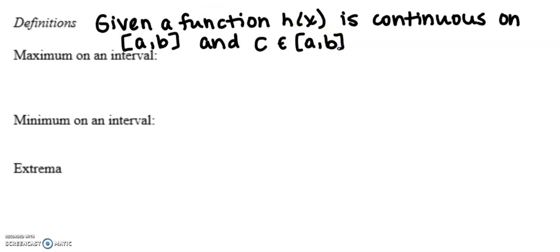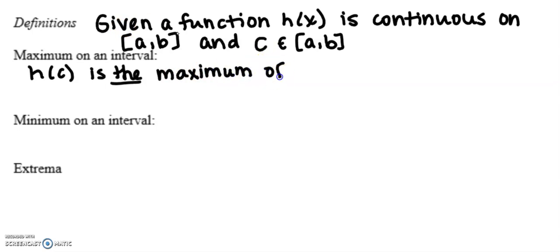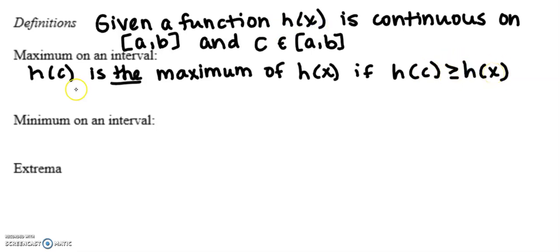So c is somewhere on that interval. Then h of c is the maximum of h of x if h of c is greater than or equal to h of x for all x that's on the interval from a to b.